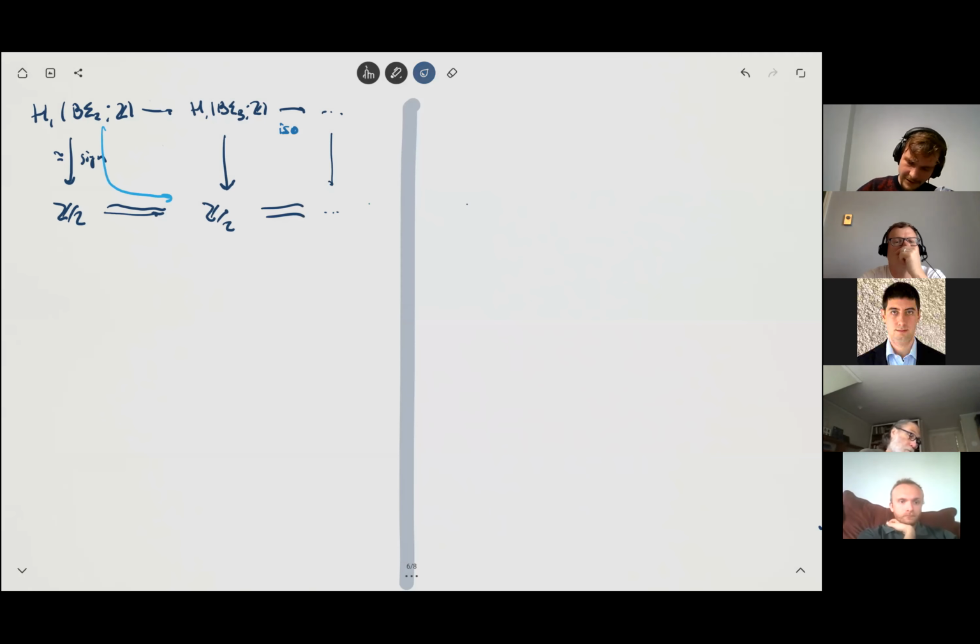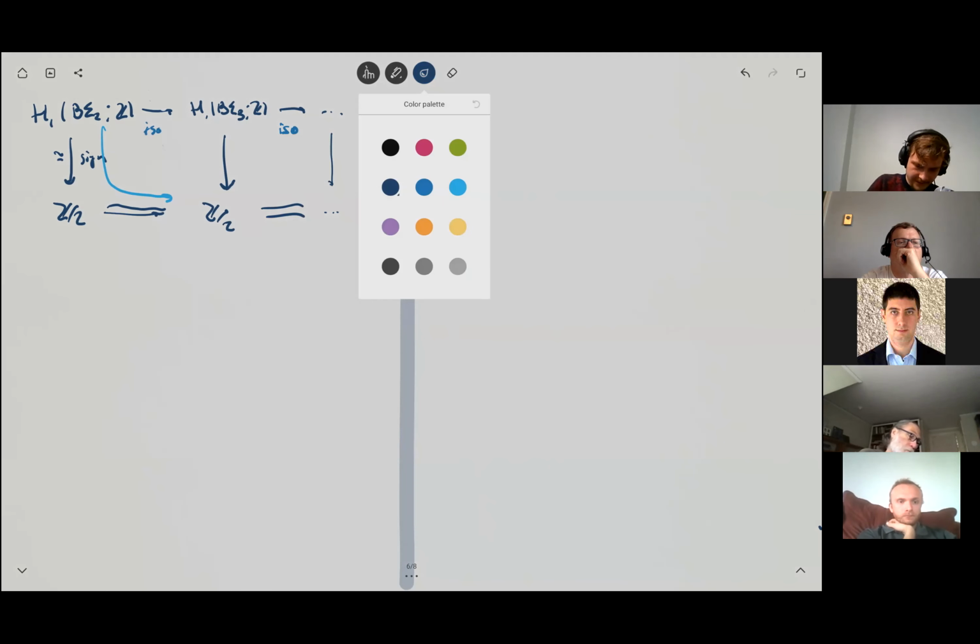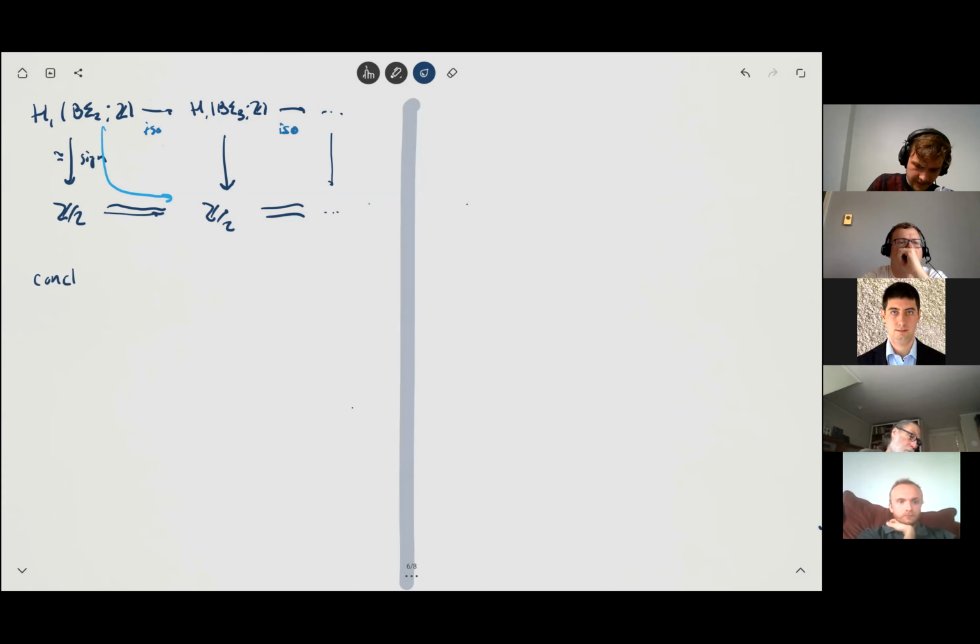So the conclusion that we can draw is that the sign homomorphism from the symmetric group to Z mod 2, this is the abelianization.